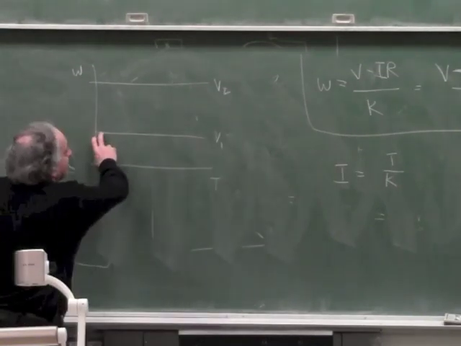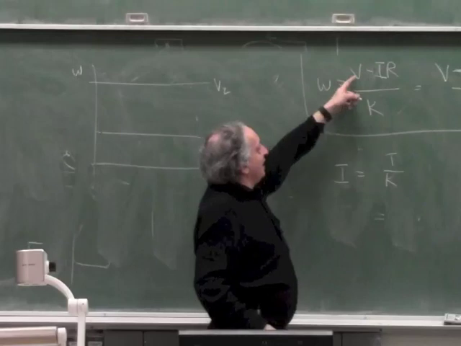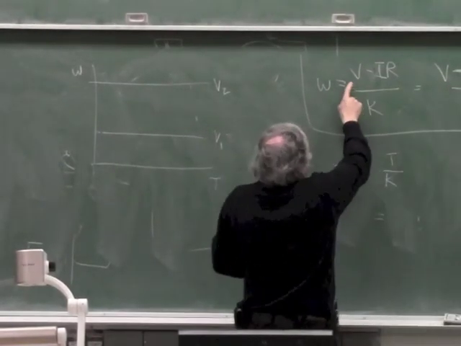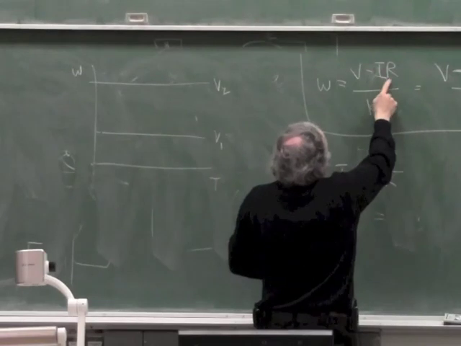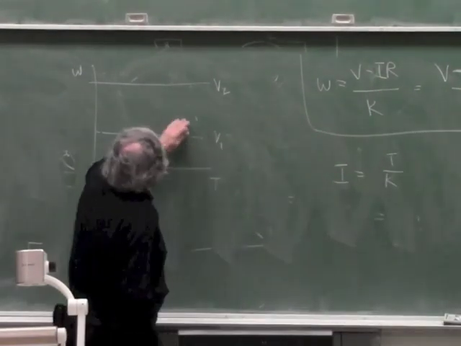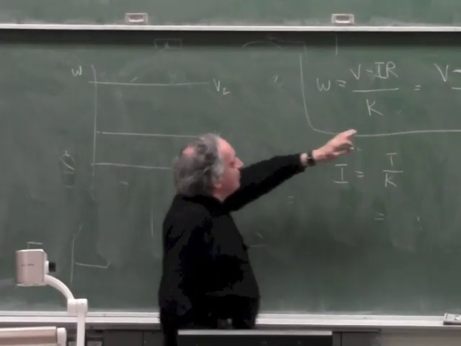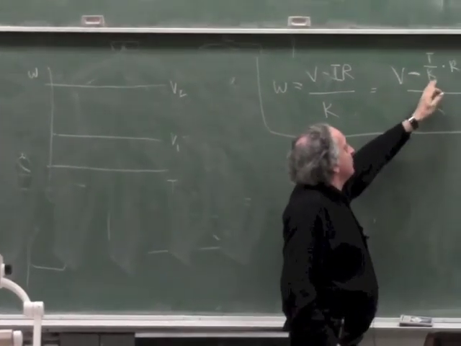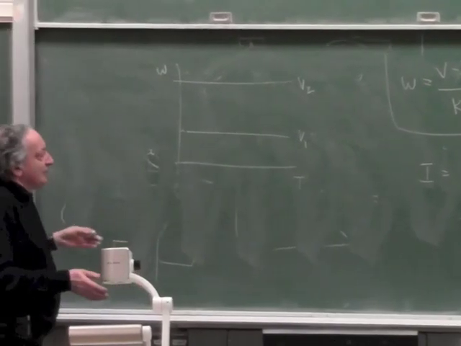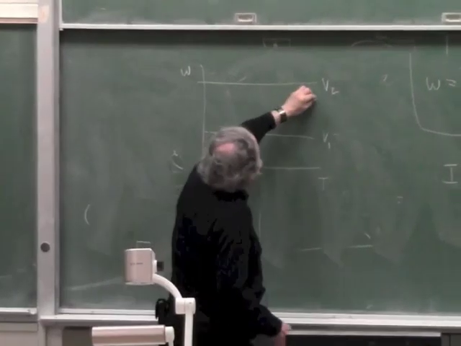Each one will be simply V over K. The moment you add torque, it starts reducing V by a factor of IR. And it's linear. If I double the torque, I'll double the drop. Okay? So it all becomes a first order linear equation which looks like this.